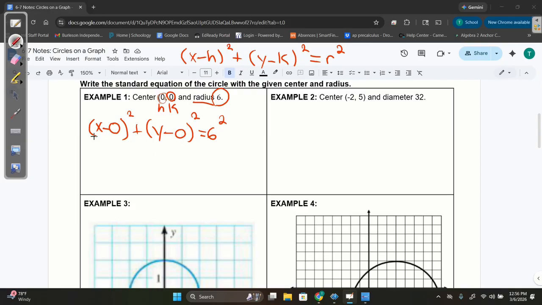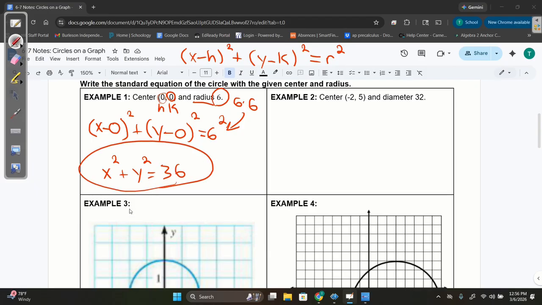It's unnecessary, so we don't actually have to write it. We could leave it as x squared. This y has a minus 0 as well, so we could just leave this as y squared. Lastly, 6 squared is 6 times 6, which is 36.